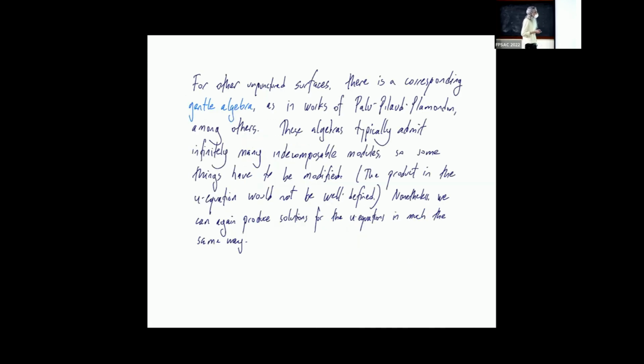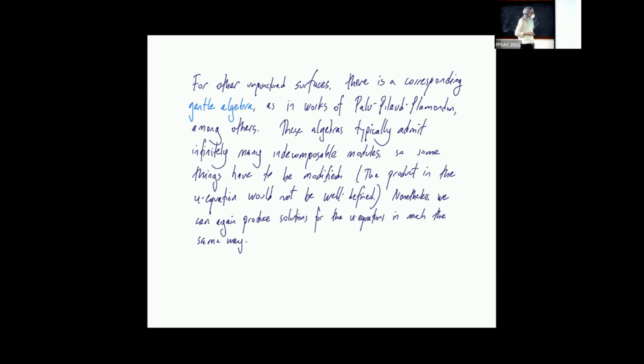For other unpunctured surfaces, instead of getting the quiver of type A, you get some gentle algebra. And the idea that there's some translation between surfaces and gentle algebras is an idea that a number of representation theorists have been exploiting over the past, I don't know, 8 years or so.